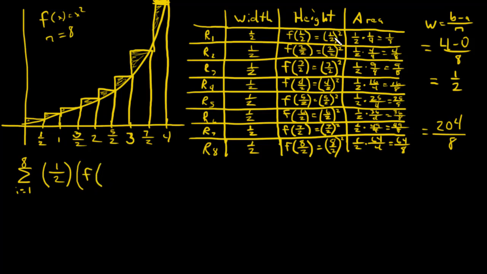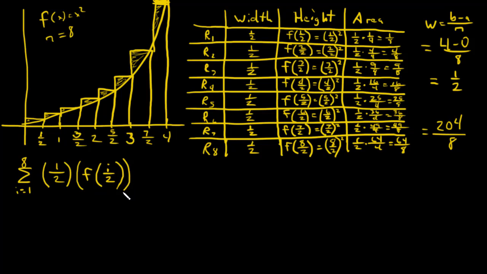Well, I was feeding in 1/2 for R1, 2/2 for R2, 3/2 for R3, 4/2 for R4, dot, dot, dot, all the way to 8/2 for R equals 8. So I'm feeding in the I, whatever that is, over 2. Okay? Would you agree? 1/2, 2/2, 3/2, 4/2, 5/2, etc., all the way down.